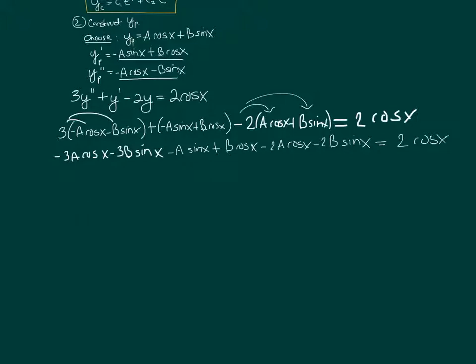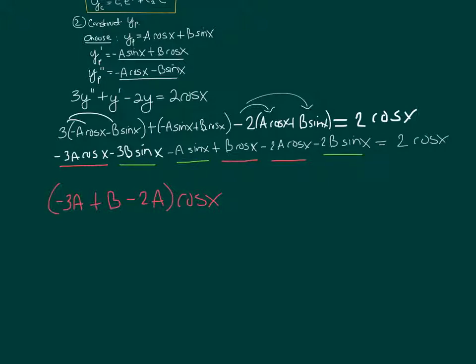So we have cosine of x right there. There's another cosine of x, cosine of x. And so together I have negative 3a plus b minus 2a cosine x, and then our sine x's.